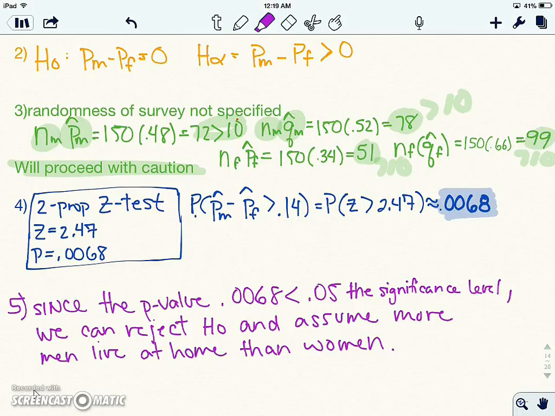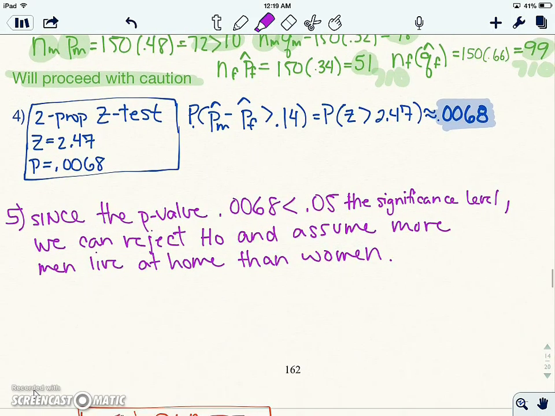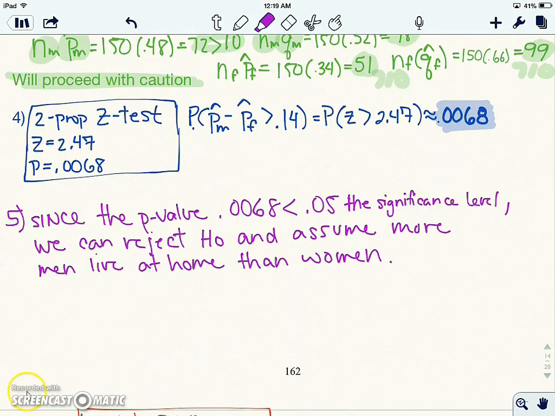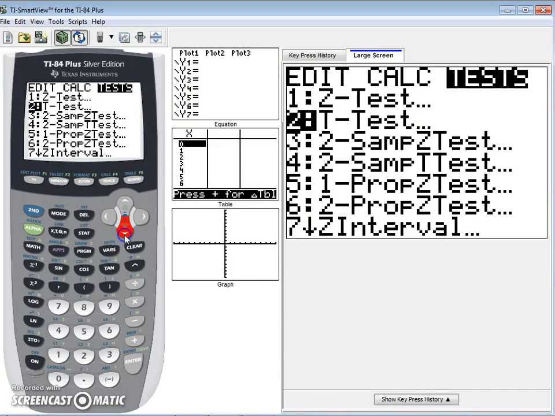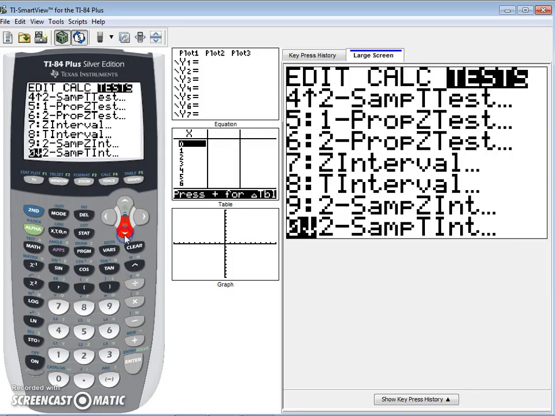Now, you might have noticed we went from hypothesis testing to confidence intervals back to a hypothesis test example, and that was because I wanted to show you one of each in class. I'm also going to run this data in a confidence interval to see if we get the same thing. This time we want a 2 proportion z interval.